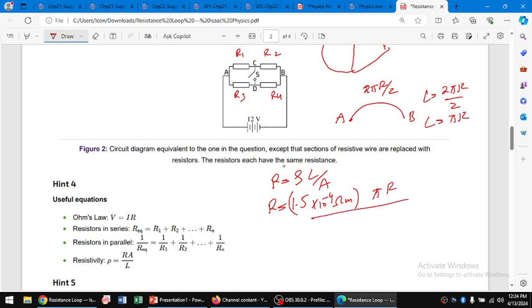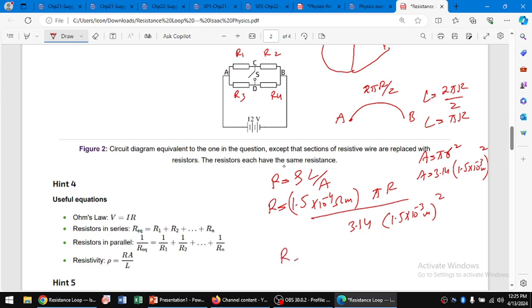This is divided by the area. The area of the cross section is pi small r square, and small r is given in the question, that is 1.5 into 10 to the power minus 3 meter. So pi, 3.14, times 1.5 into 10 to the power minus 3 meter, squared. You know the formula is pi r square for the area of the cross section.